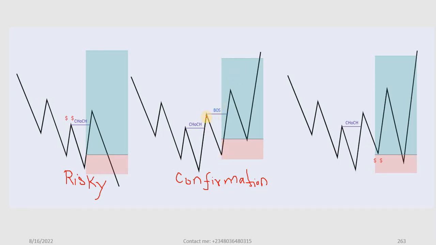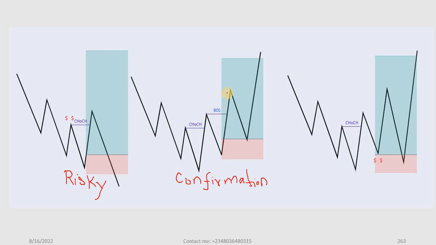What we will do is to wait for a break of structure. So after a change of character, the next break is now a break of structure, because it has confirmed that we are now bullish.